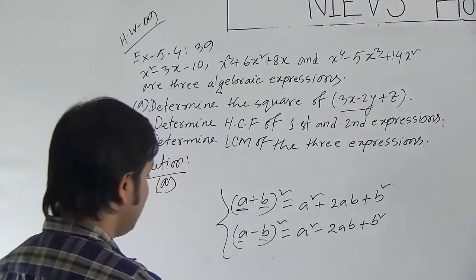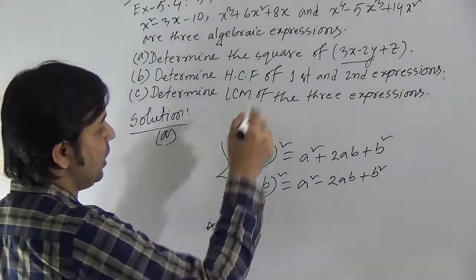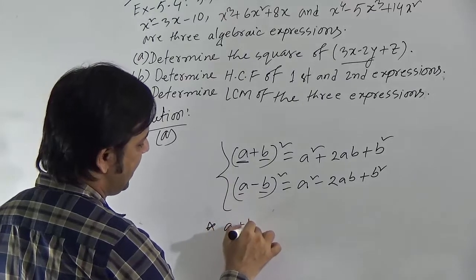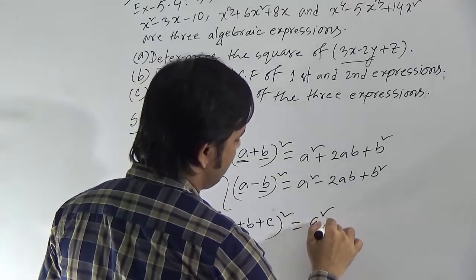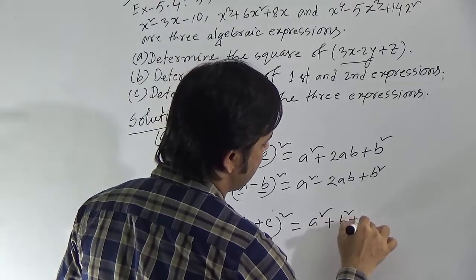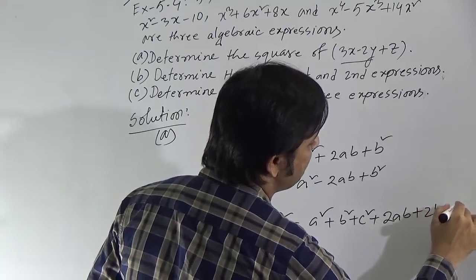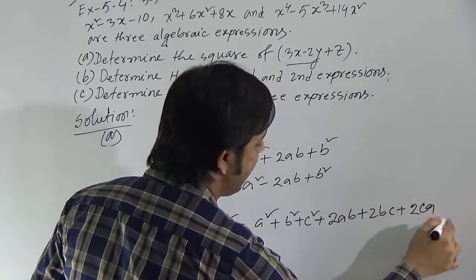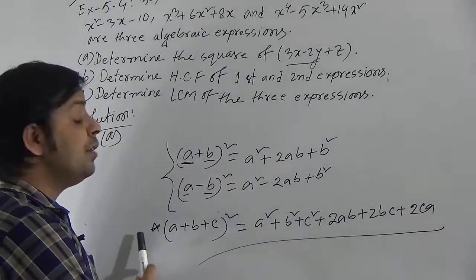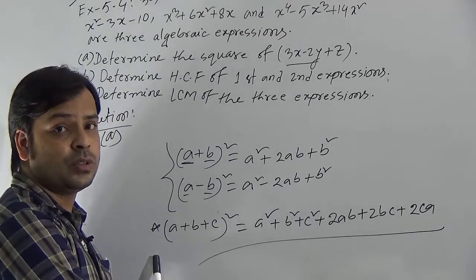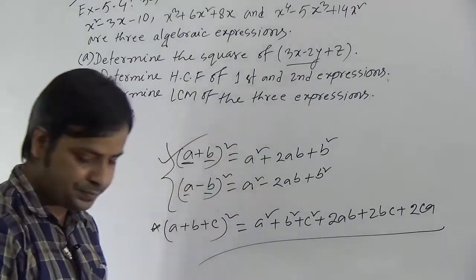We have another formula that is known as the extended formula of square, that is a plus b plus c whole square equal to a square plus b square plus c square plus 2ab plus 2bc plus 2ca. Dear students, we can solve this problem by using the third formula also, but I will solve the problem using the first formula.